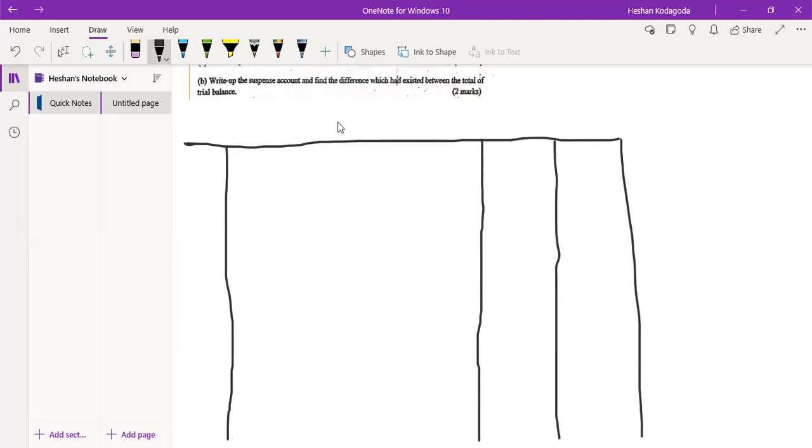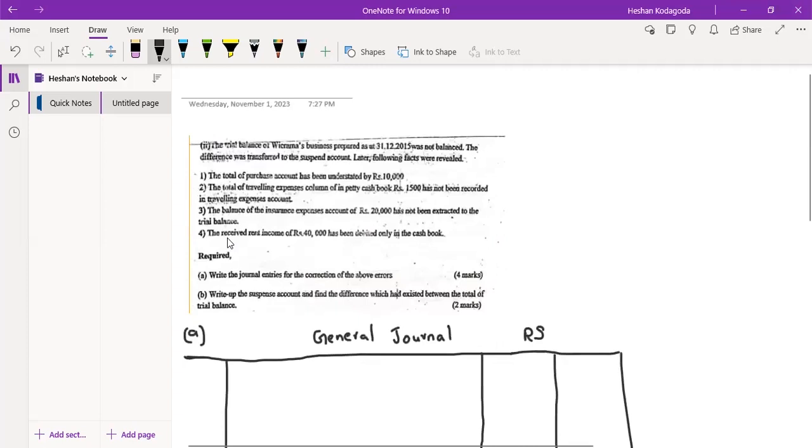Okay. So this is a general journal, right? Rupee sign in here. This is A. And there are 4 errors. Okay, at least we need 4 lines for 1 error.